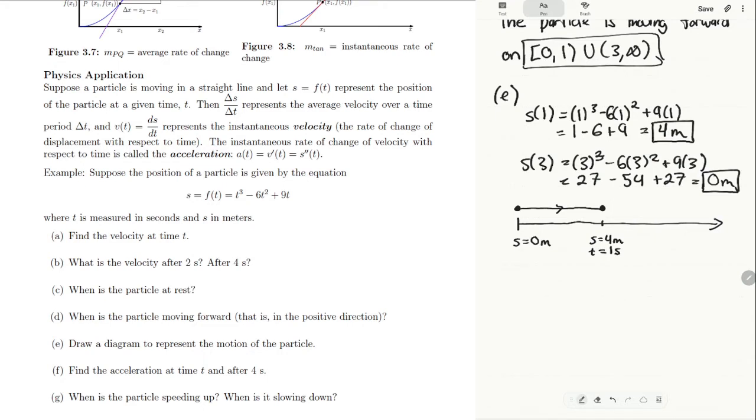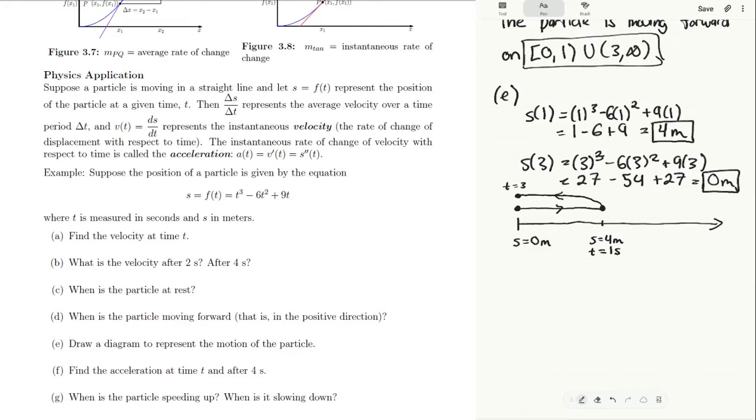Then we know that between 1 second and 3 seconds, the particle is moving in the reverse direction. And at 3 seconds, the particle is back at the origin. So between 1 second and 3 seconds, the particle has moved back in the reverse direction and is back at the origin after 3 seconds.